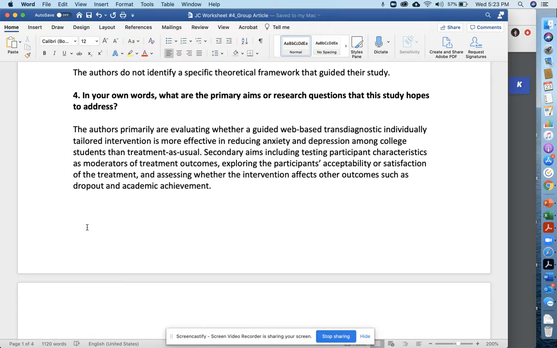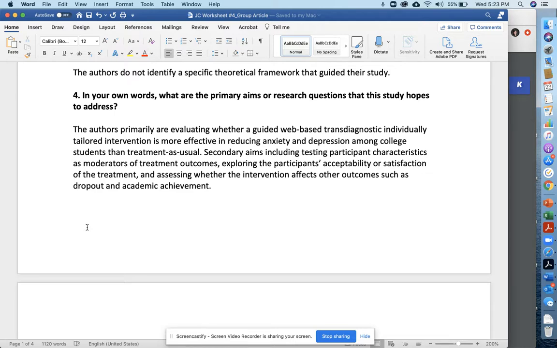And number 4, you are going to, in your own words, write about what the primary aims or research questions are that this study hopes to address. Be sure to use your own words here. Do not copy and paste from the article. That is considered plagiarism.